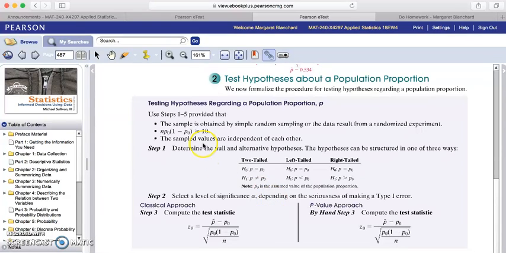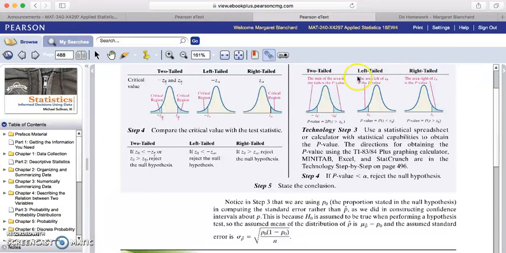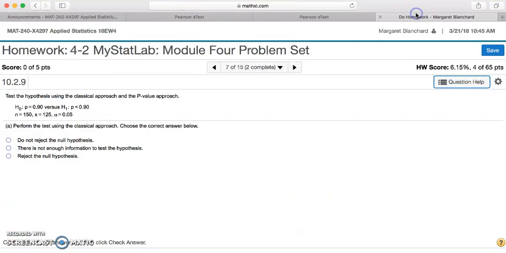For the classical approach, we're going to be calculating the test statistic and comparing it to the critical value. For the p-value approach, we're also going to be computing the test statistic, but we're going to use that to find the area under the curve depending on whether it's a left-tailed, right-tailed, or two-tailed test, and then compare that to alpha.